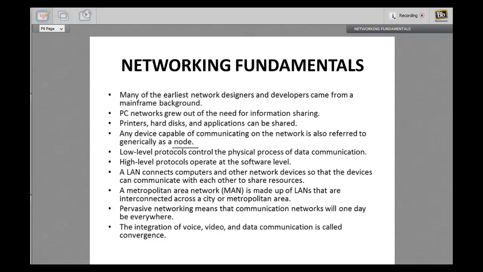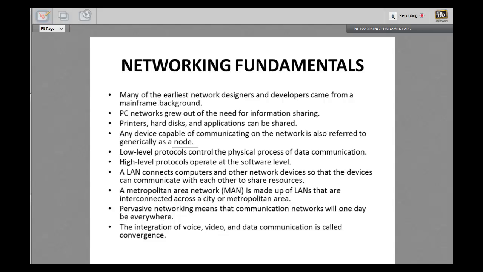There are also low-level protocols that control the physical process of data communication. There are high-level protocols, and they operate on the software level. So generally, the high-level protocols will be included from the level of the operating system and above until the application.